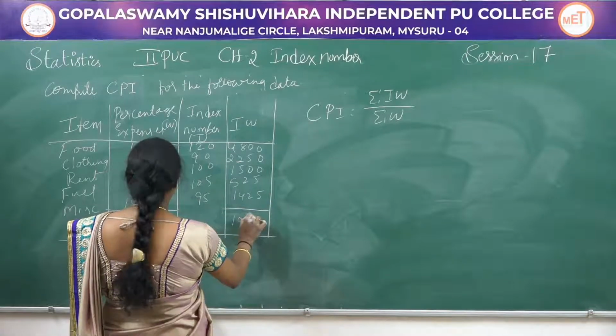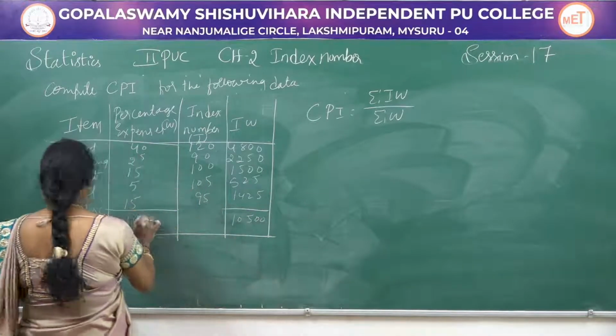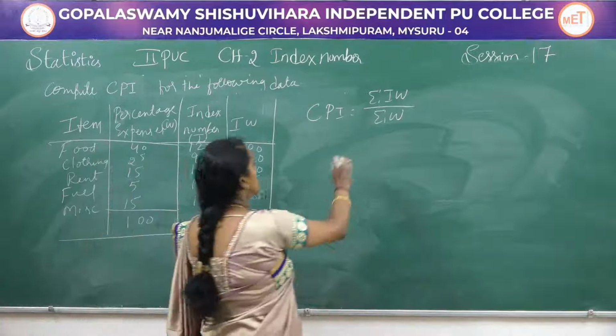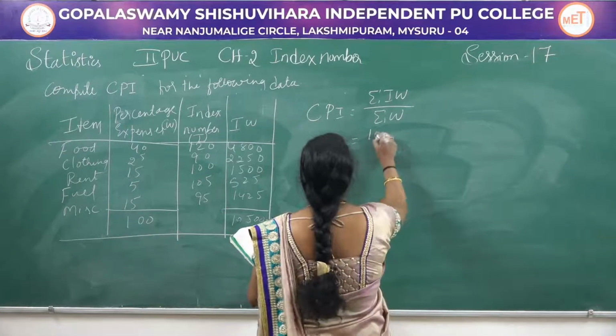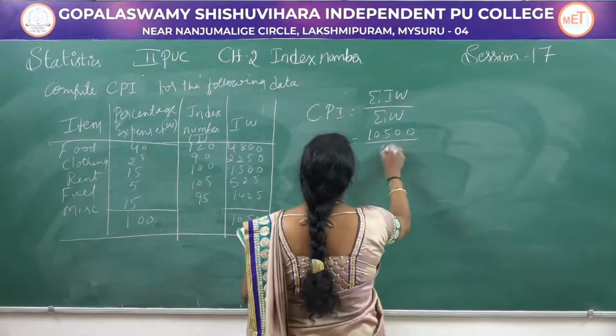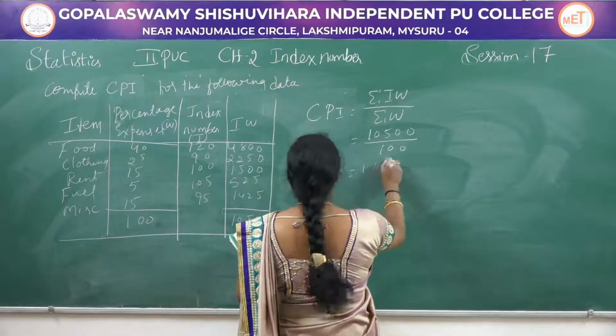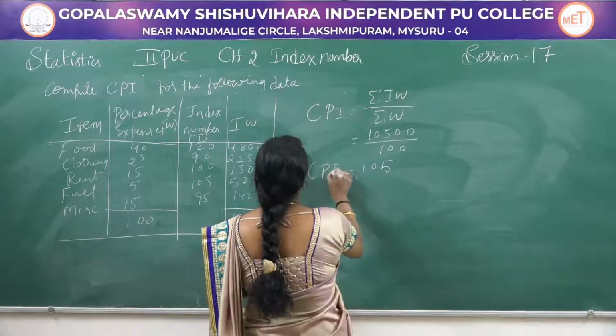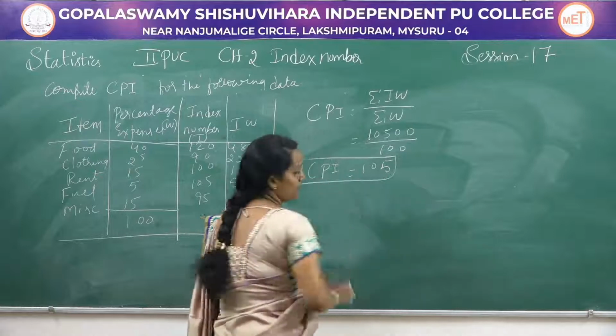And the total is 10500, and here the percentage total is 100. Substitute this in the formula, same formula, 10500 divided by 100, it is 105. That is consumer price index number is 105.